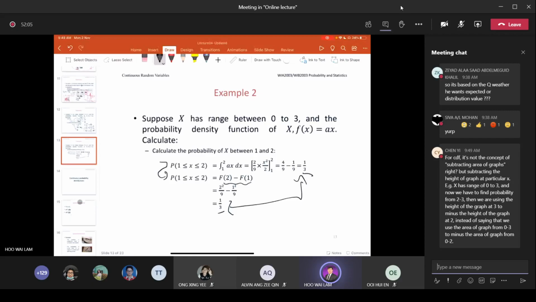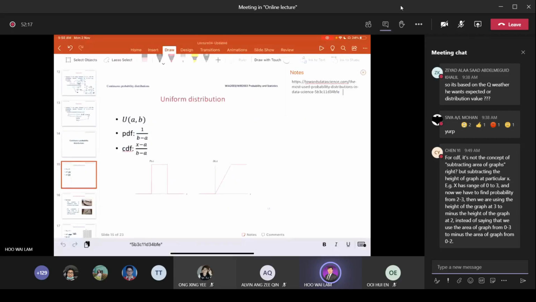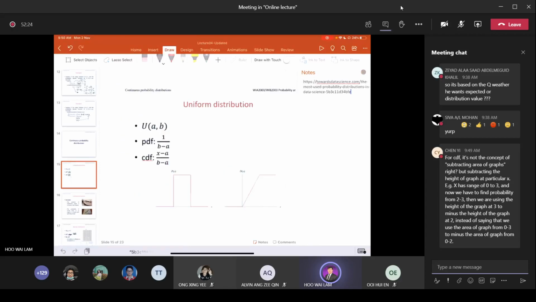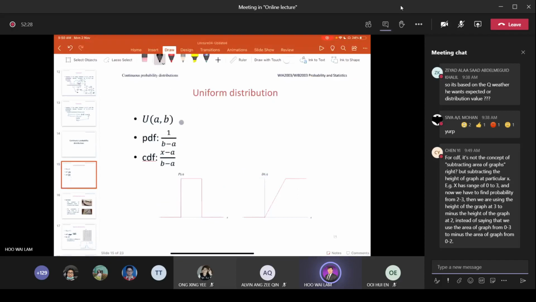So, continuous probability distributions. From here on, I'm giving you another online resource which comes from Towards Data Science. They give a quite good explanation on the basics part, so you can follow that as well if you want to. But in general, I'm showing you how the uniform distribution looks like.